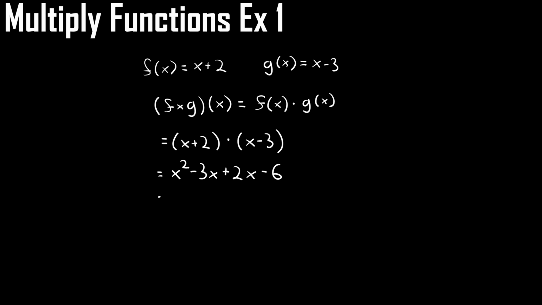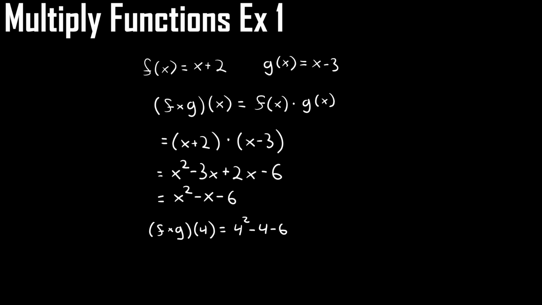Now we can simplify, and this will become x squared minus x minus 6. And so we can now evaluate it to check our answer. So let's choose x equals 4. So f times g of 4 equals 4 squared minus 4 minus 6.